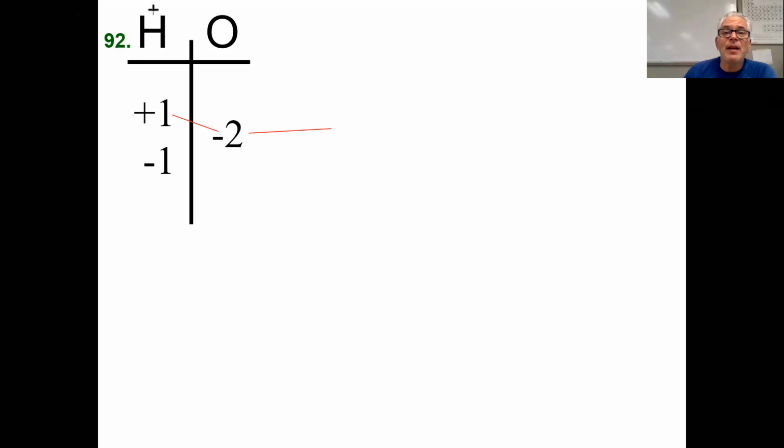So we can have a 2-to-1 ratio, H2O. That is possible. We know that's water, but H2O is a compound that hydrogen and oxygen can make. That's a molecule it's able to form.